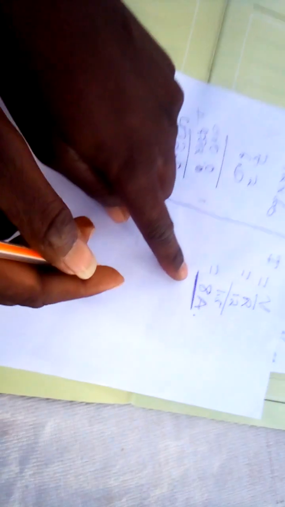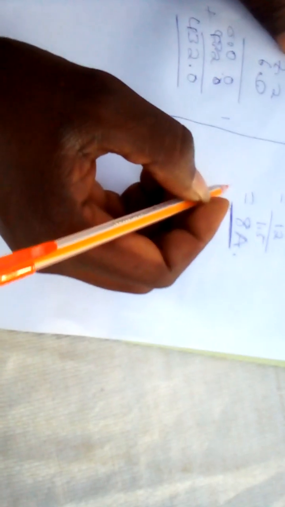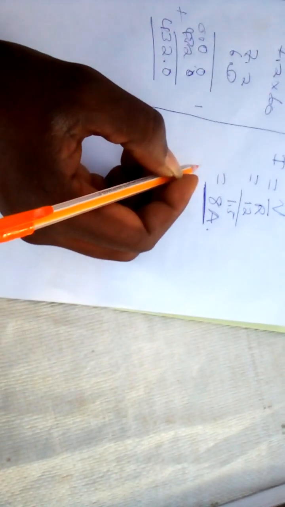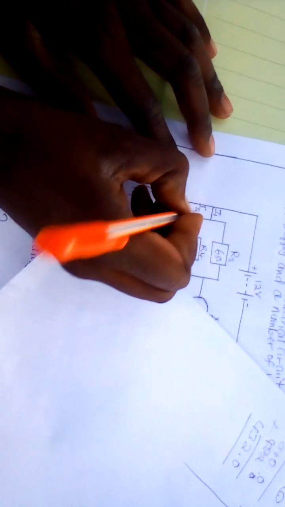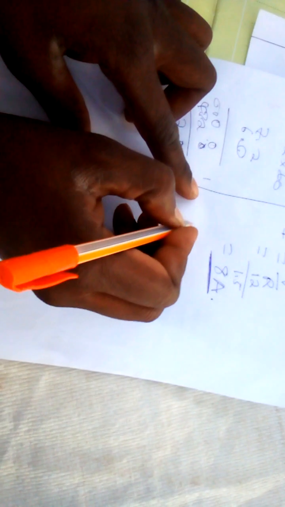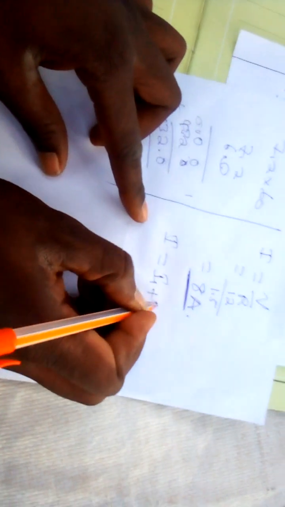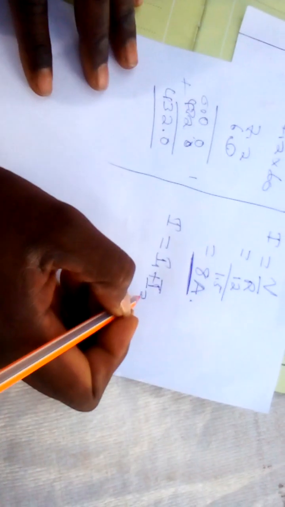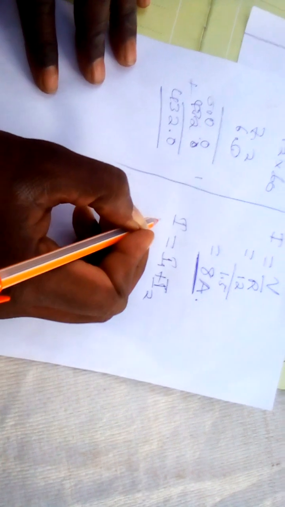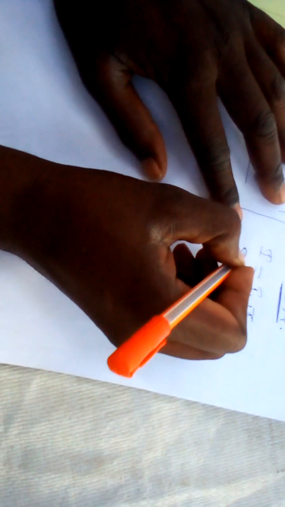So in this case, we are going to now find the current flowing in the second loop. This loop we have seen, this is current 2, and this is the main current. The main current is equal to current 1 plus current 2. The main current is 8.